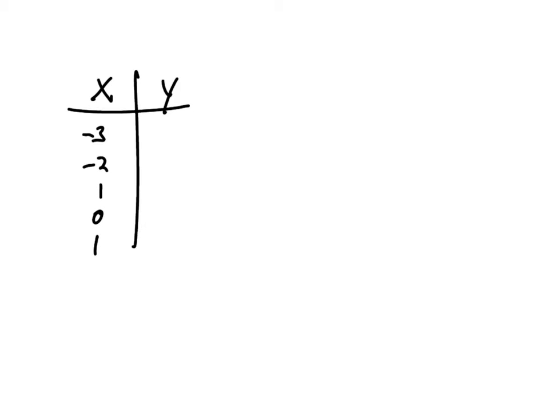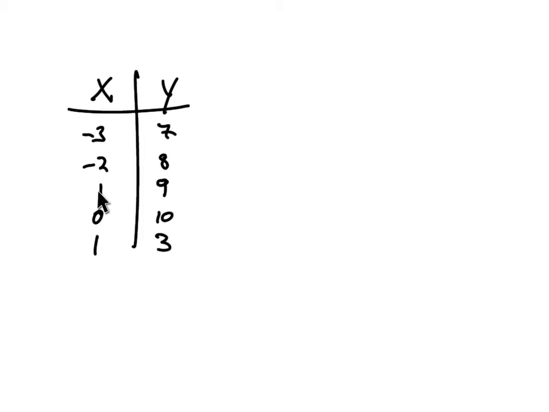Also, we can look at a table. So when we look at inputs of x and outputs of y, if I get a repeated input, that's an alarm. It's not necessarily a red flag, but it's an alarm. So I have 2 1s there. If it's -3 is 7, -2 is 8, 1 is 9, 0 is 10, and 1 is also 3.